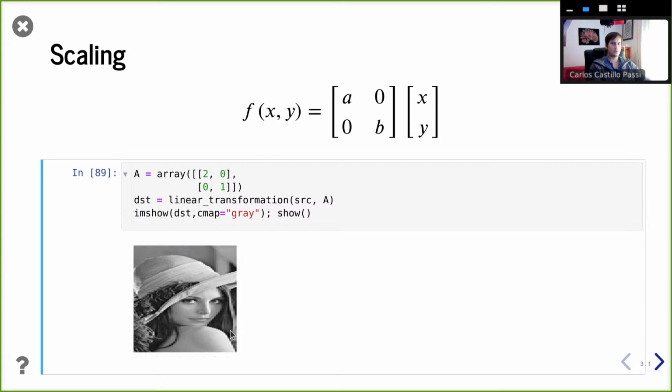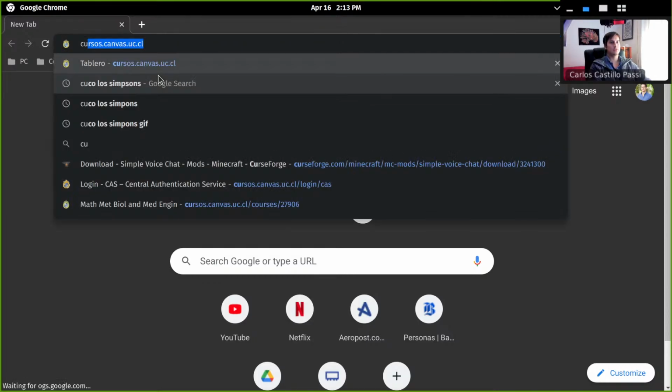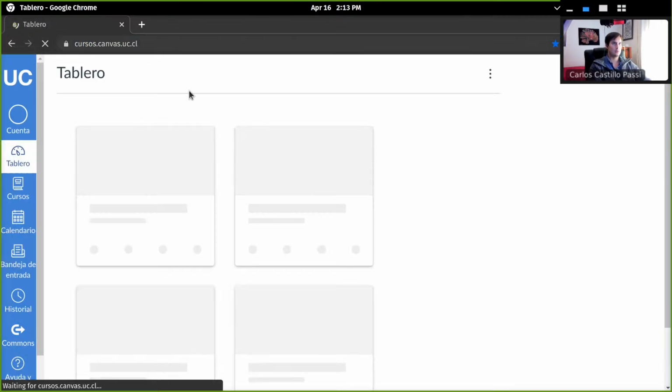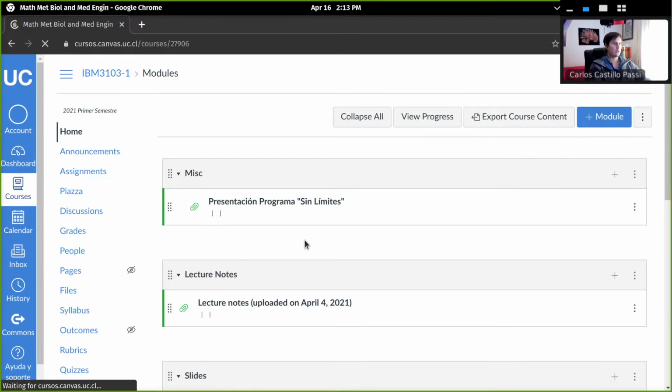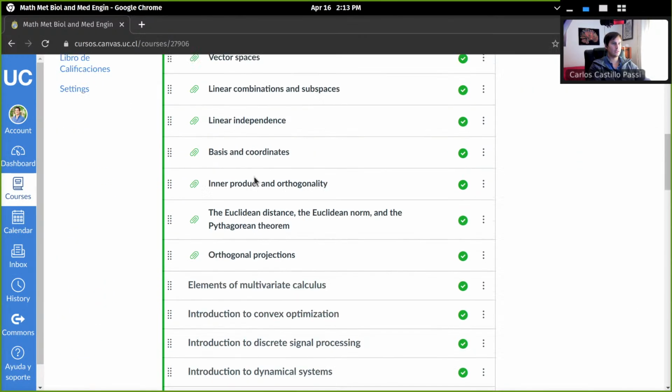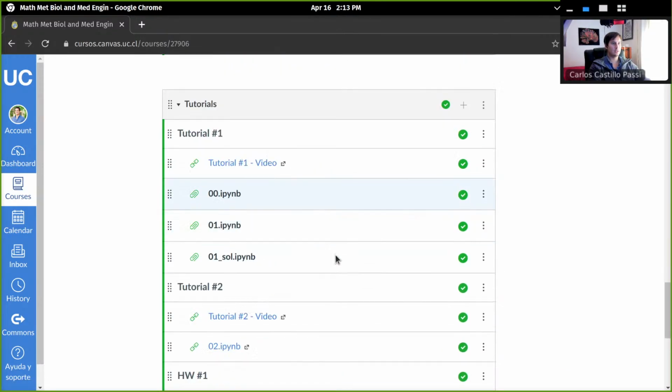All the notebooks of the labs are on the course website. If you go to cursos.canvas.uc.cl, mathematical methods, there's a section here called tutorials.